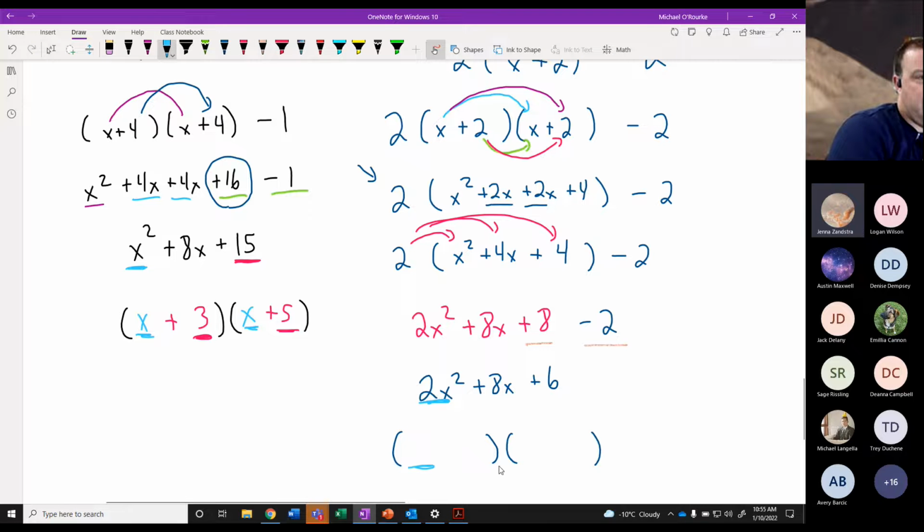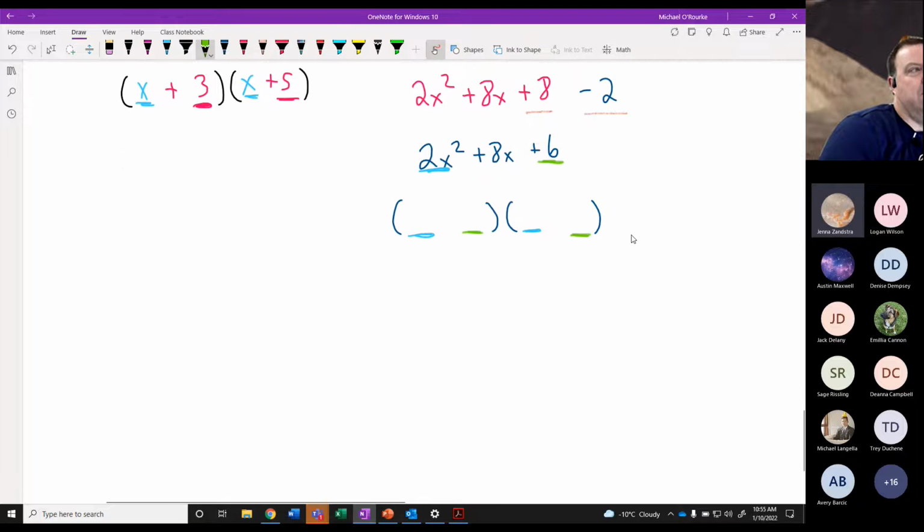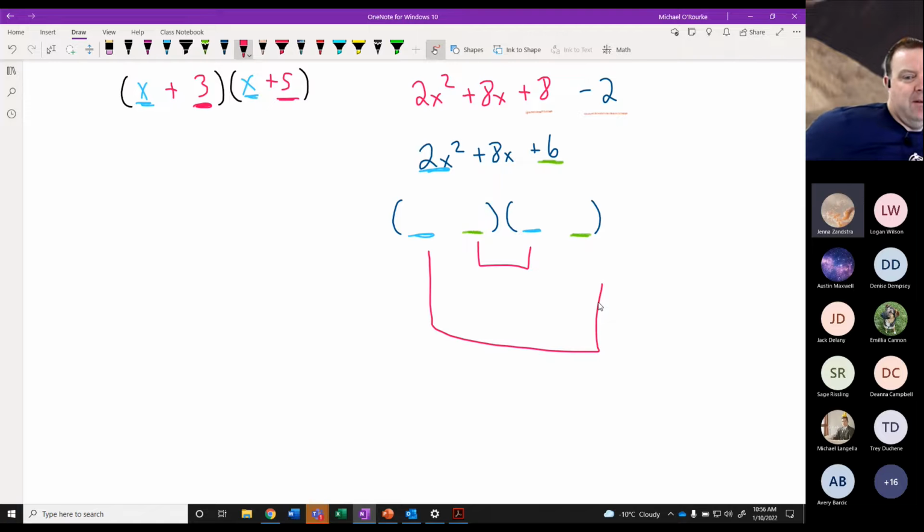So two numbers that multiply to make this and this, and two numbers that multiply to make this. And we have to double check them. So everybody else, if you're all done, put a D in chat. Good. And Brooke, if you think you have it, tell me. You don't have to tell me the answer, but I think.